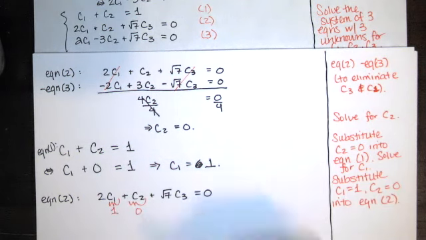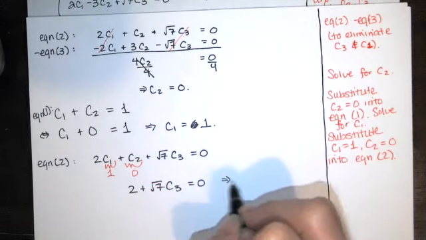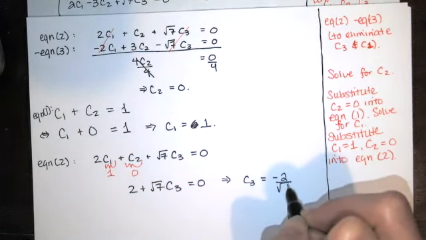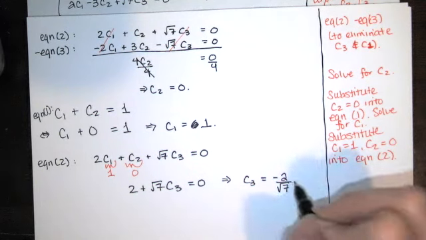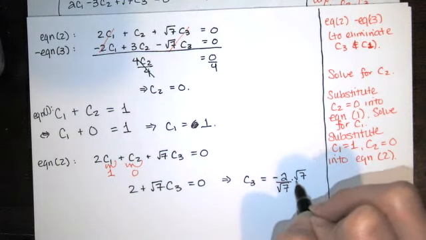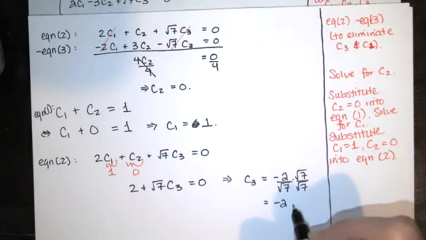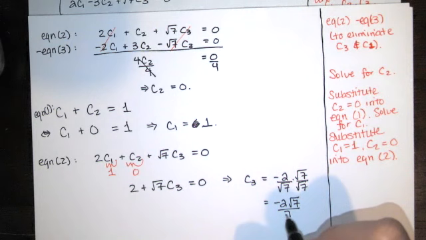C1 is 1. So we end up with 2 plus square root of 7 times C3 equals 0. So C3 is equal to negative 2 divided by the square root of 7. You can rationalize if you want to, you don't have to. But if we do rationalize, we get negative 2 times the square root of 7 over 7 for our C3.